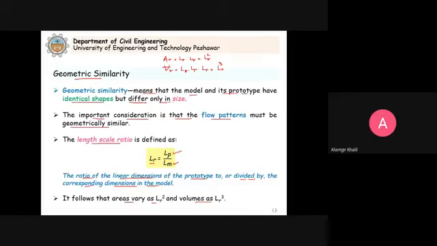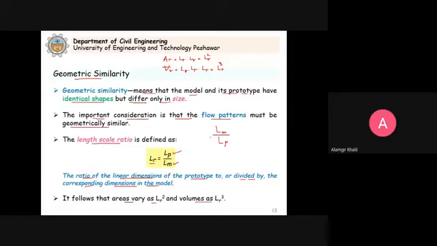Now one thing I should mention here before I proceed is that if you study some other fluid mechanics books or hydraulics books where you study this similitude, then it may be written as LM, the linear dimension in the model, divided by LP. So in some books you can find this ratio.